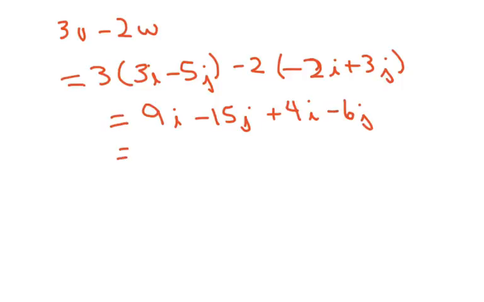And this is going to give us 13i minus 21j. So pretty simple, just like we did on the first slide. Now we're going to get into a little more interesting ones. Those are kind of boring, actually.